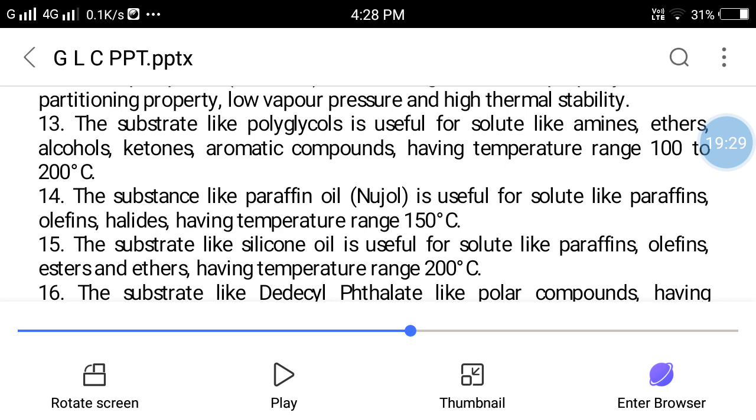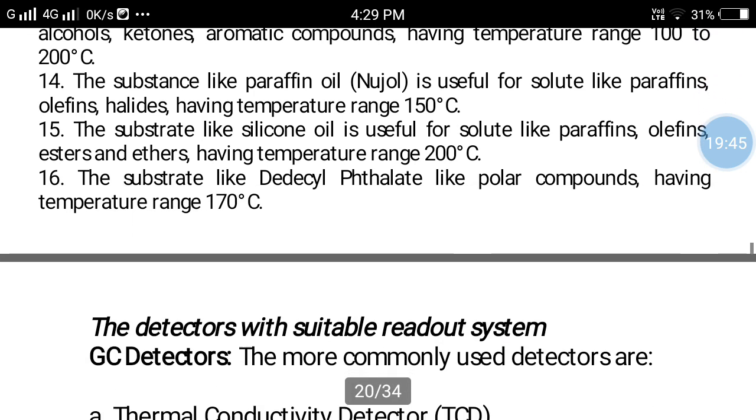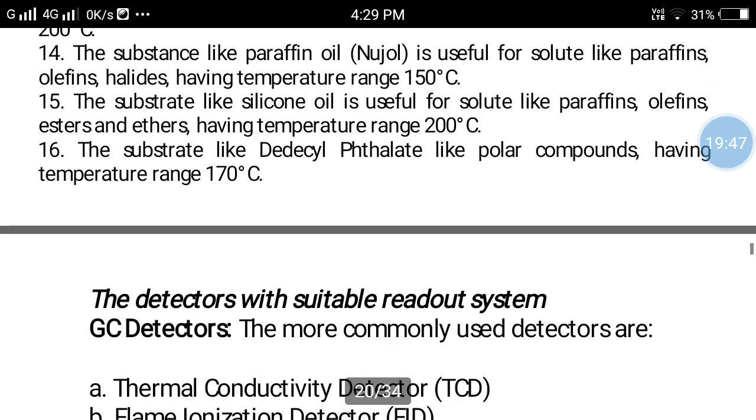A substrate like silicone oil is useful for solutes like paraffin, olefin, esters and ethers, having a temperature range of 200 degrees centigrade. A substrate like didecyl phthalate is used for polar compounds, having a temperature range of 170 degrees centigrade.